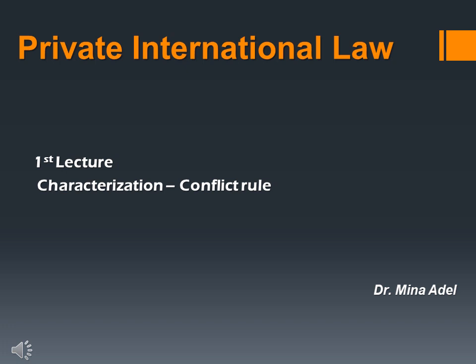The other kind of conflict rules is called the bilateral conflict rule, and I will give you an example. We say, for example, that immovables are submitted to the law of the country where they are situated. So we talk about immovables, and we apply the law where the immovables are situated.